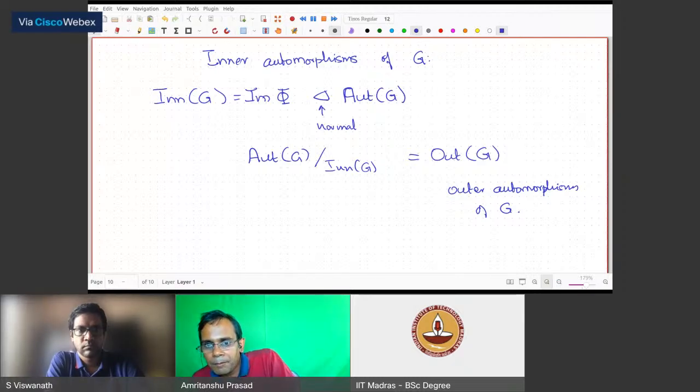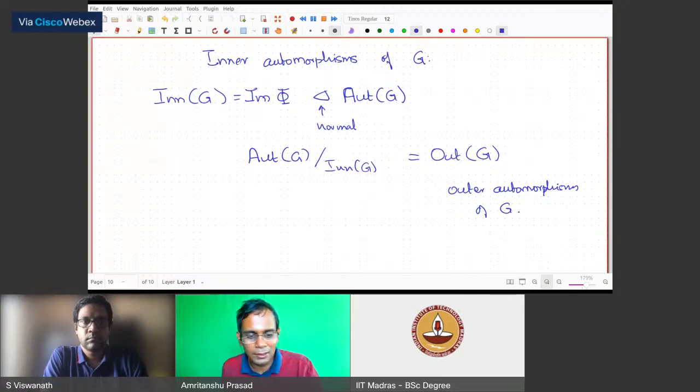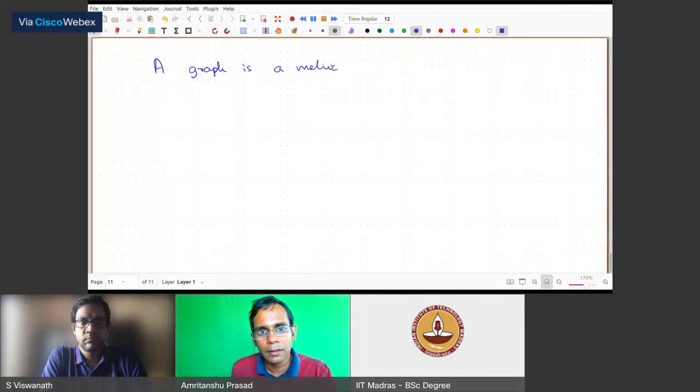So Bharat has a very interesting question. He says that I mentioned groups in metric spaces. Well, in a way, actually, a graph itself can be regarded as a metric space. What is the metric?